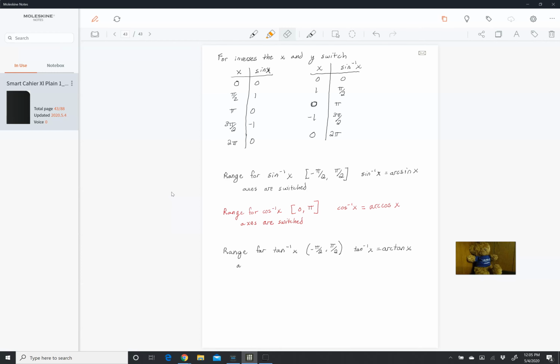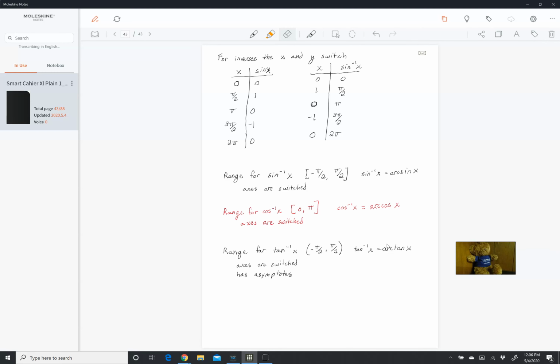So the axes are switched, which tells you that it's an inverse graph. It's not enough to say the range, because the range wouldn't distinguish between arcsine and arctangent, but it has asymptotes. And this is the only inverse function that has asymptotes, okay?